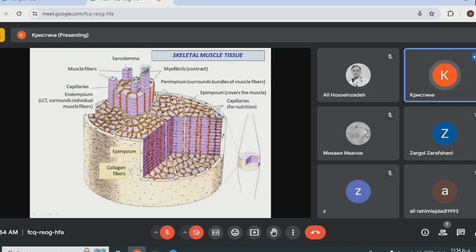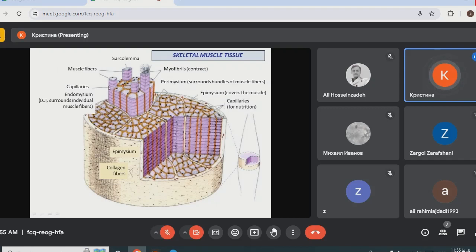Here they are. Every muscle fiber is surrounded with a very thin layer of loose connective tissue with blood capillaries and nerves, which are needed for life of muscle fiber and for its contraction. And this thin layer of connective tissue is called endomysium.